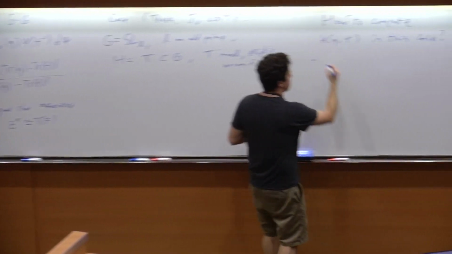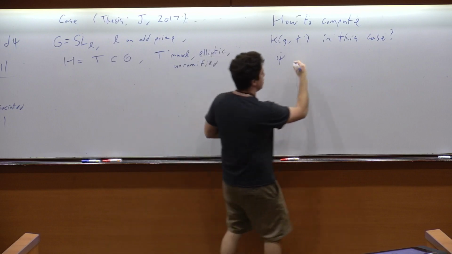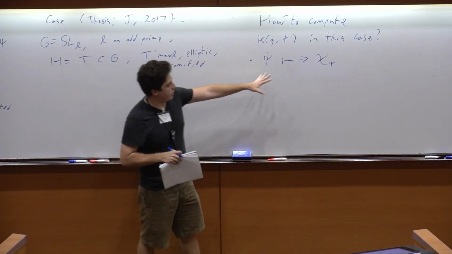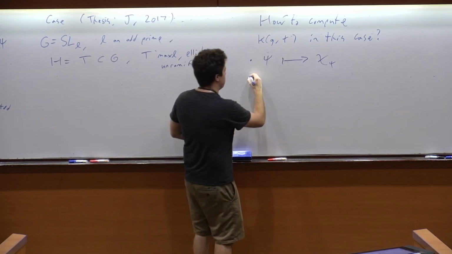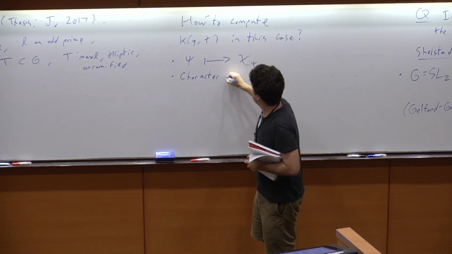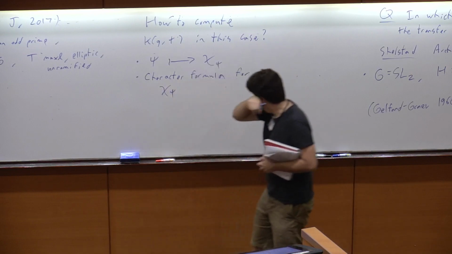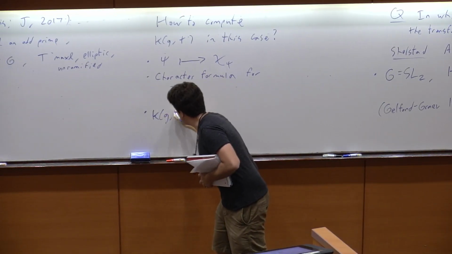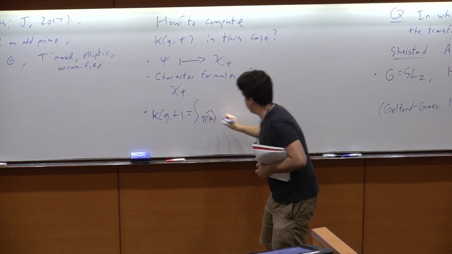What we would like is to be able to explicitly write down a mapping so that any time you have a character of the torus, it gives out a stable character of a supercuspidal representation of SL_l. All the representations that show up in this case are going to be supercuspidal. We need a character formula for the stable character chi psi. And then what we want to do is compute the stable transfer factor as this Fourier inversion.